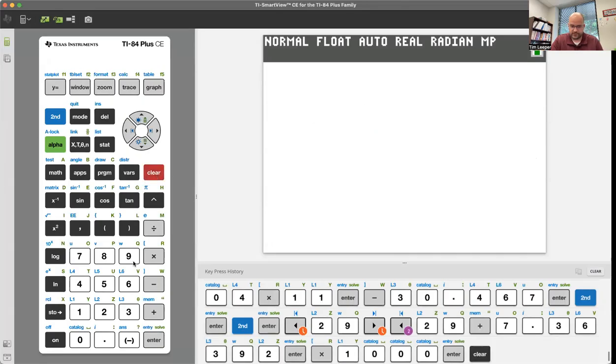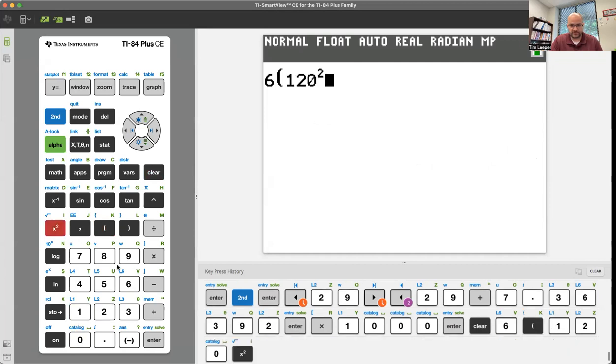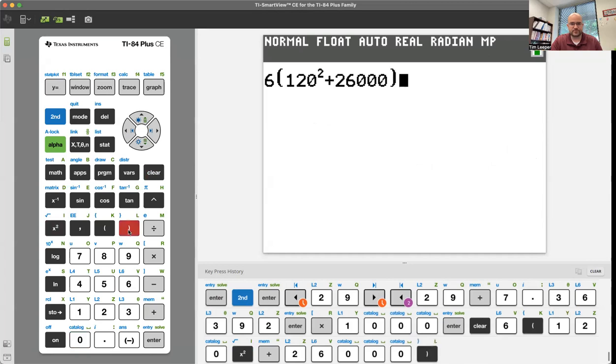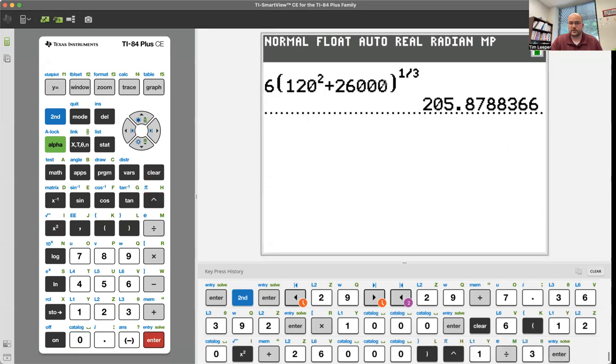So in the calculator, we have 6 parentheses, 120 squared plus 26,000, close parentheses, raised to the 1/3 power. And notice that gives me 205.8788366. I'm going to round it to 3 decimal places here. So that value is approximately 205.879.